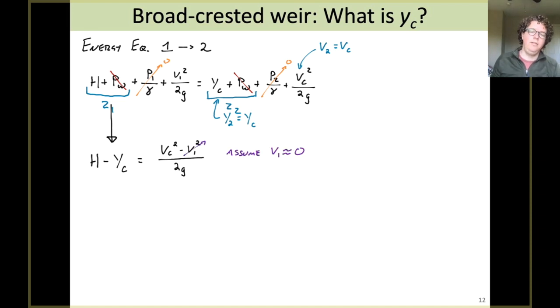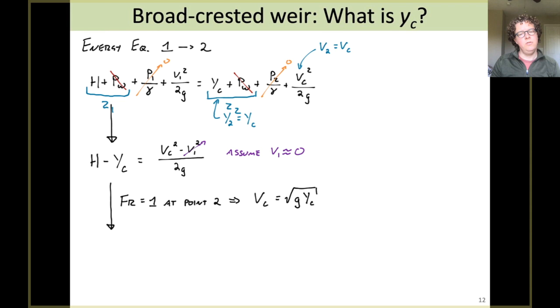Now, a couple of things that we'll assume away, as we've done before. Let's approximate the upstream velocity as 0. Again, that's not strictly true, but if it were 0, we could drop that term out. The other critical piece of knowledge is to remind ourselves that as we hit the end of that broad-crested weir, we're at critical flow, Froude number equal to 1.